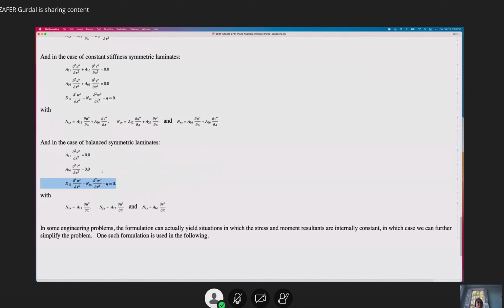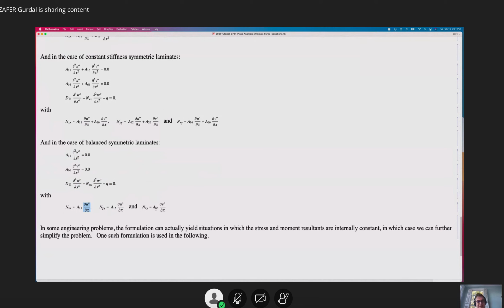You can see that if you have an Nx that somehow is constant, you can actually have a linear expression here. But for that, partial u, partial x must produce a constant term.